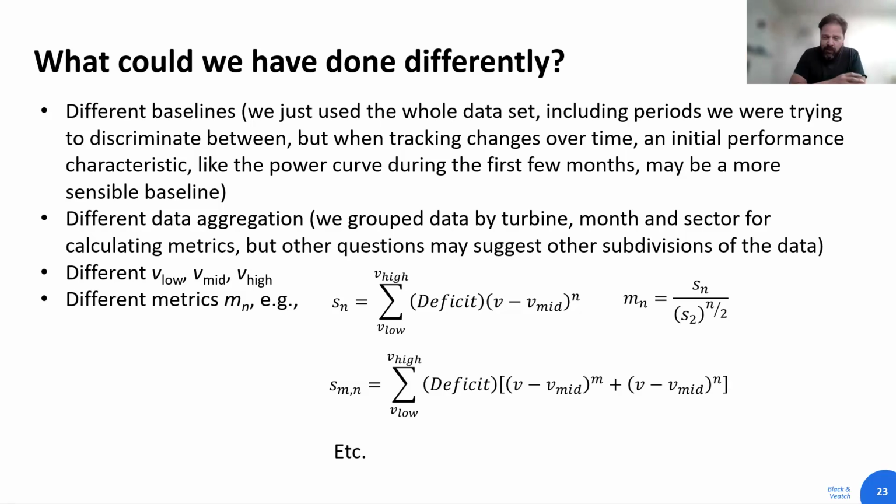So you don't end up plotting 1,000,000 against 0.01, that kind of thing. And then also more sophisticated metrics where you combine different powers of that velocity signal in that way. As I say, the scope is wide open.